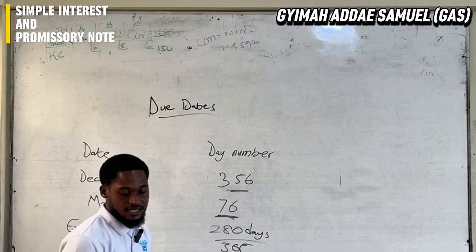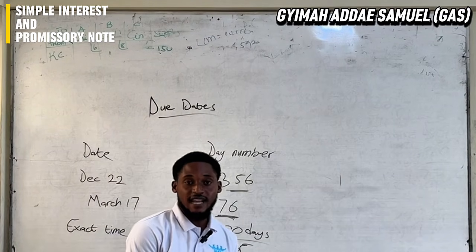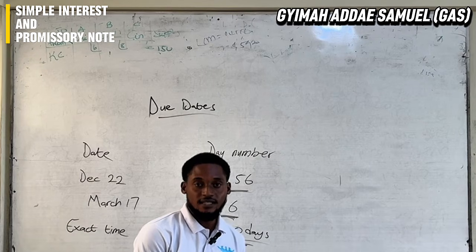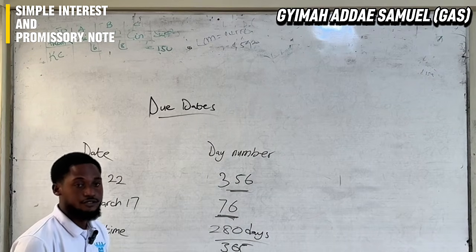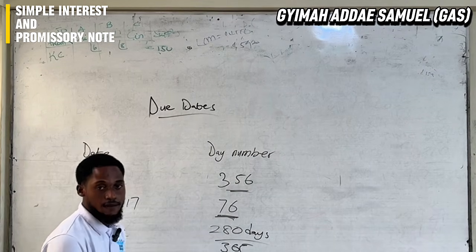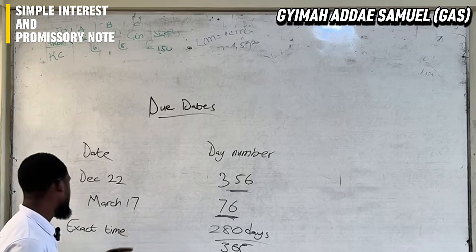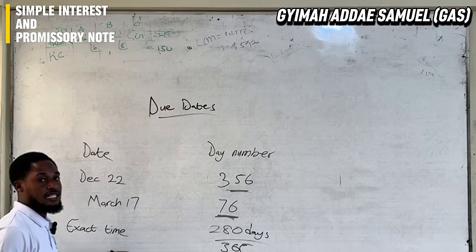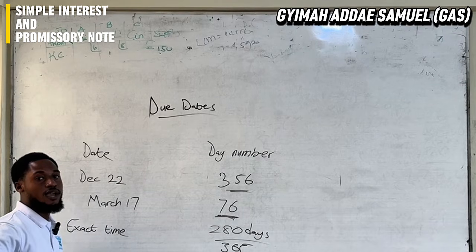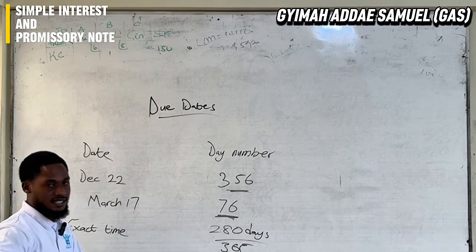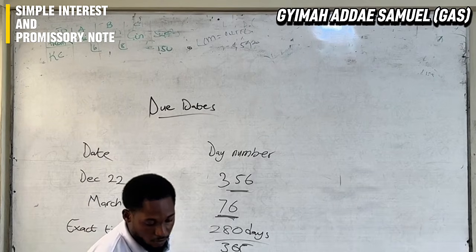Note that this is how to get your exact time, and we also have ways to get our approximate time. So let's move on to get our approximate time.